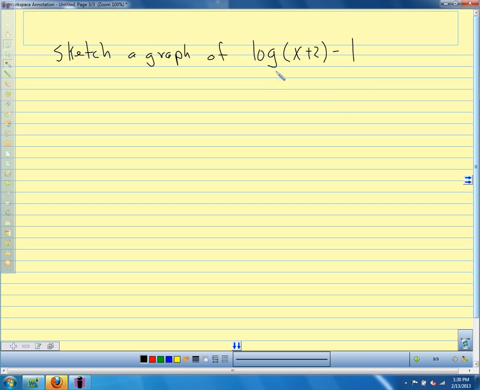And I'm just going to say y equals log. When I don't have the base here, that means log base 10. So here are my axes. When I have a problem like this, these problems should not be too tough.